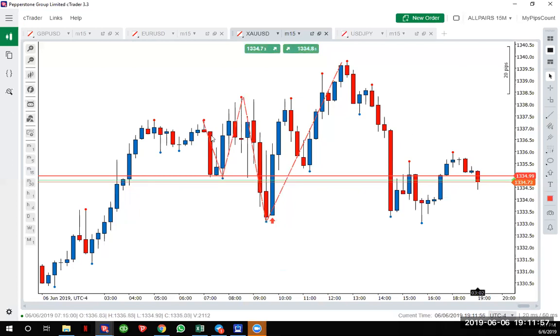Some people draw these a little bit differently, but I find it easier when I take it this way. Some people don't bother to draw the first leg, but it's confusing when you don't do it. So I like to do it this way, and I think it's clearer for you when I do it that way. All right. So that was 44 pips on that trade.